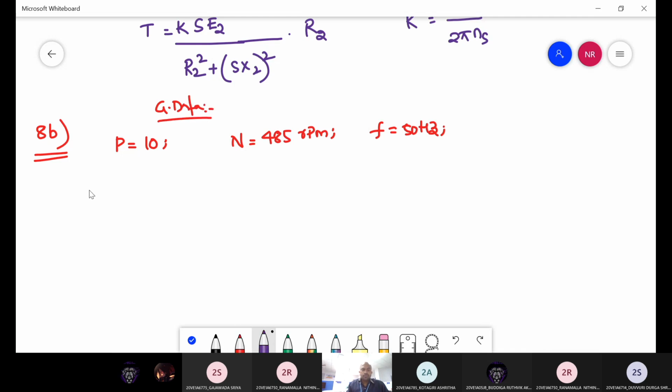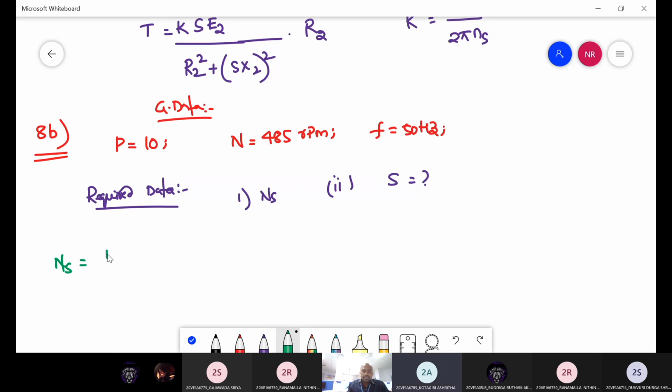What is the required data? What we have to calculate? Synchronous speed, that is the first bit, Ns, and second is slip S. So Ns is equal to 120 into F by P. That is 120 into 50 by P is equal to 10.